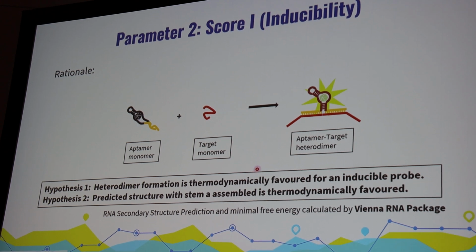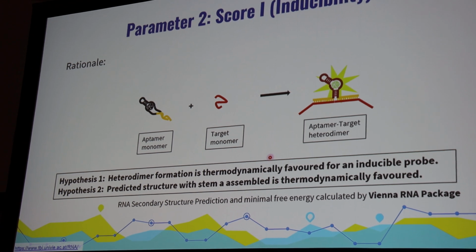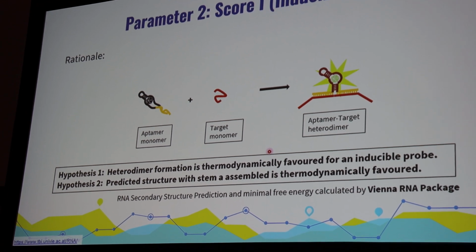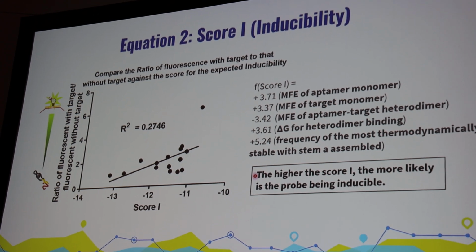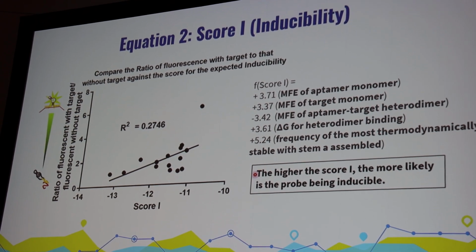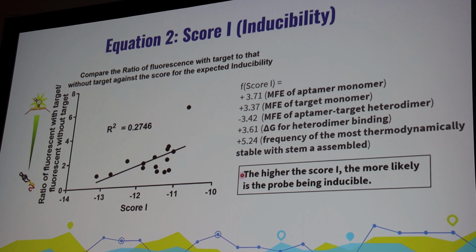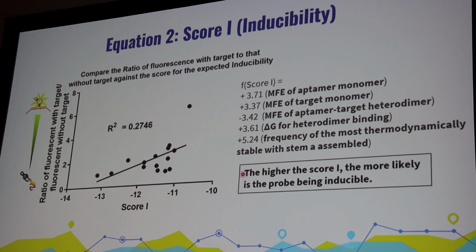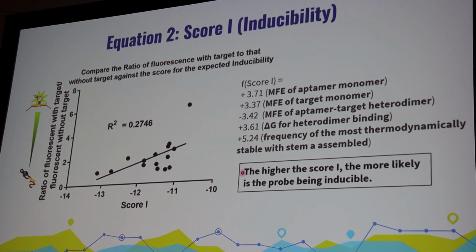And we've also correlated these data with our actual experimental readout, which is how much the fluorescence has increased after the addition of RNA, and compared it with the score that we've calculated from linear regression. And so this is the curve that we plot.